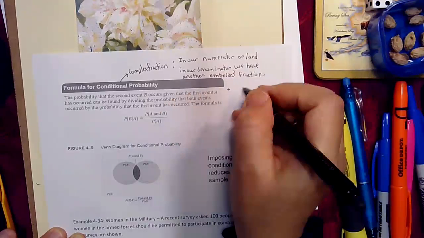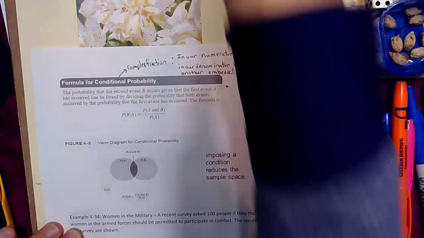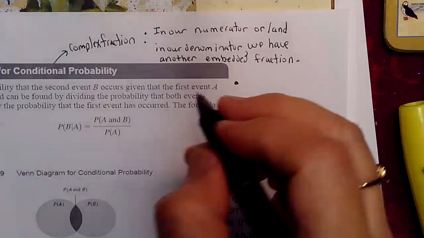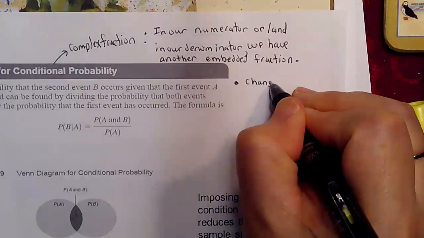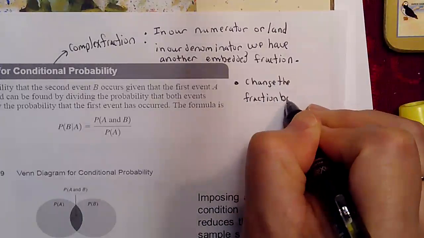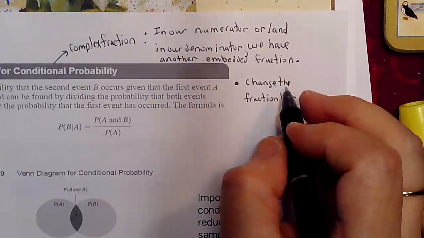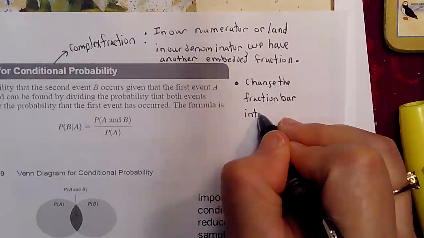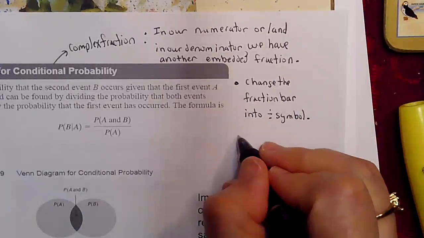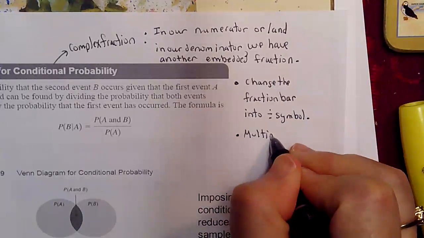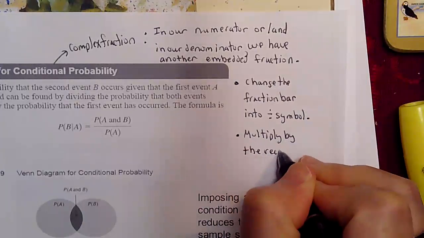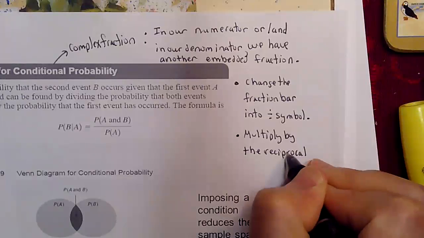And basically what we would do is change the fraction bar into a division symbol, and then we would multiply by the reciprocal.